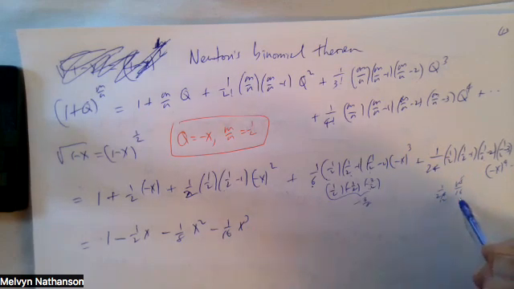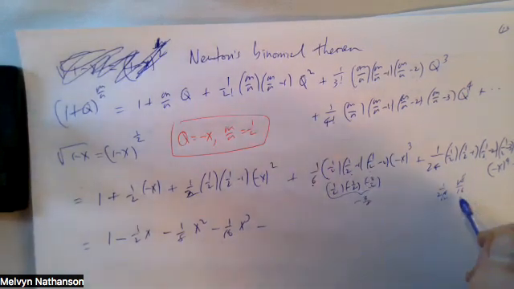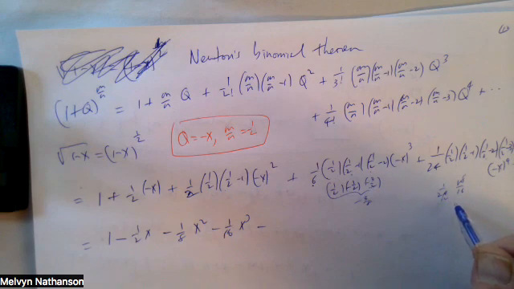And 12 times 16 is 144. So minus 144, that's 12 times 16. 160, 192.